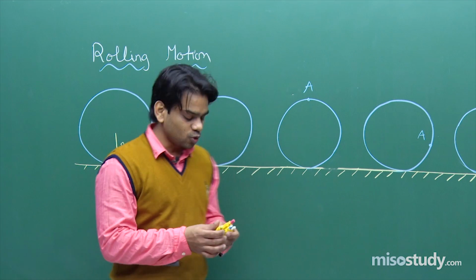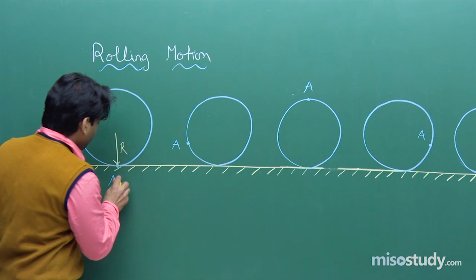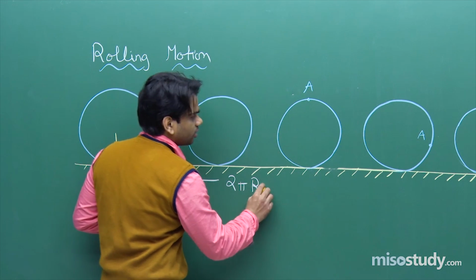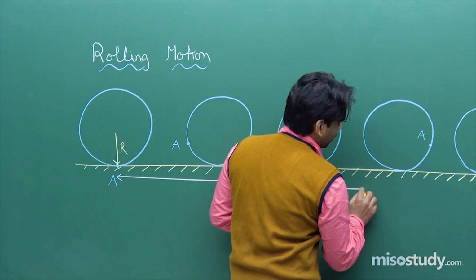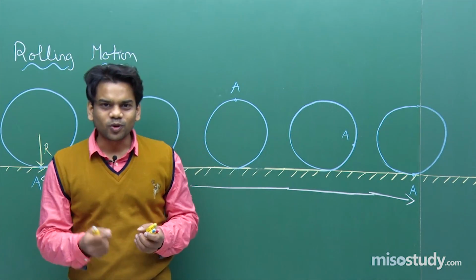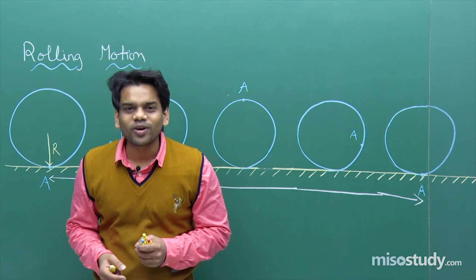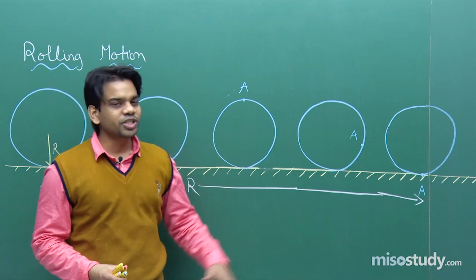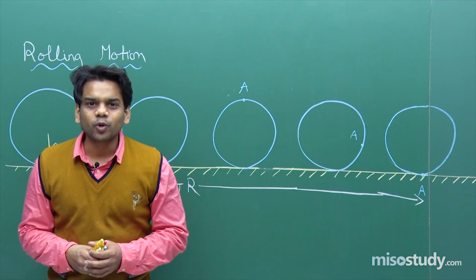That's quite simple for us to know. It's quite obvious because we know that the circumference of a circle is 2 pi r. So linearly, after one complete rotation, the wheel would have moved a distance of 2 pi r.